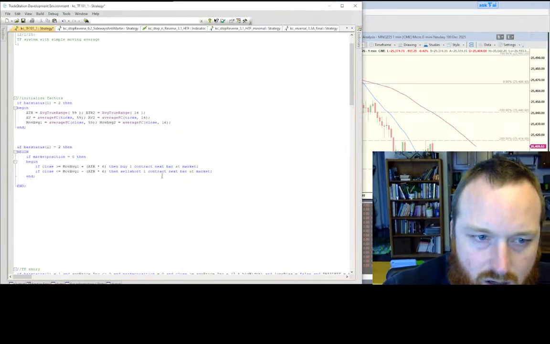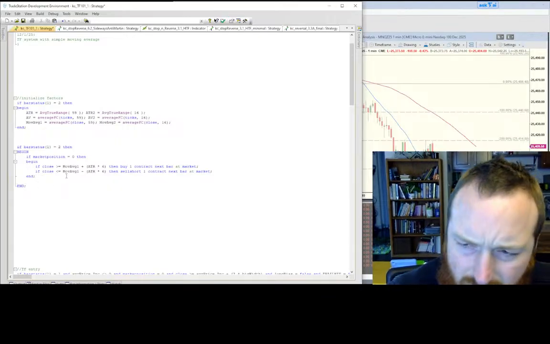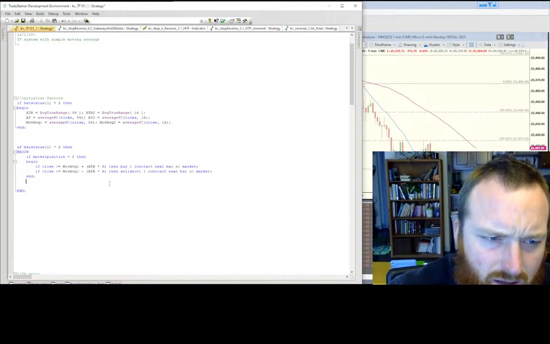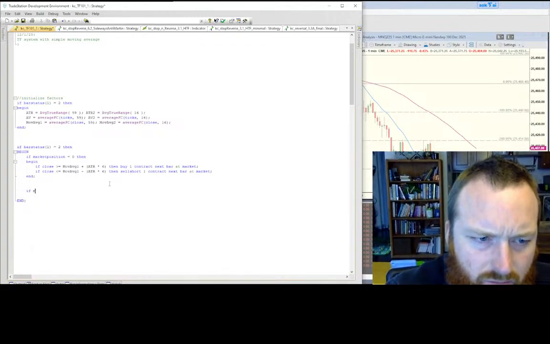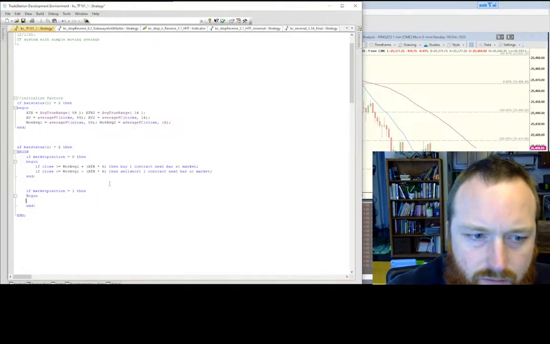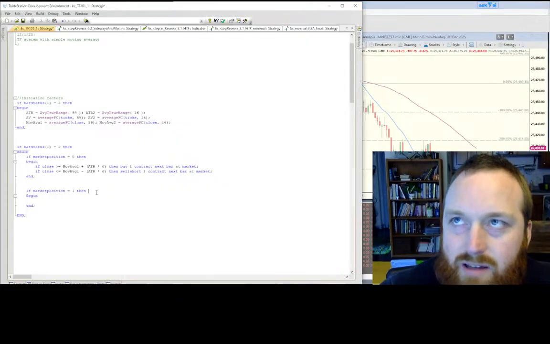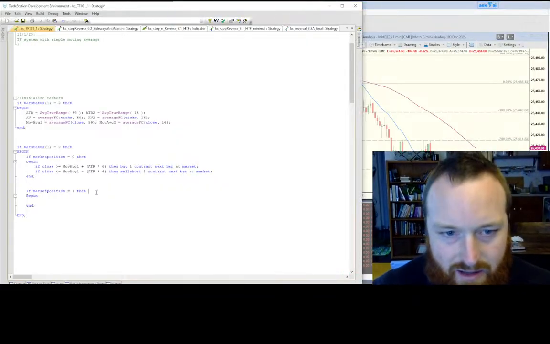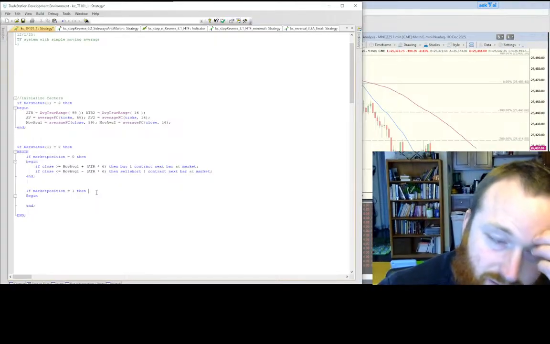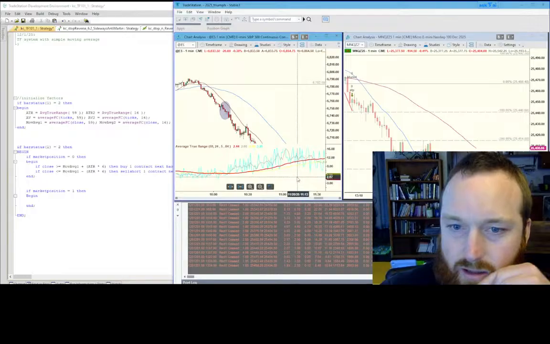So once we're long, I want to do exits. And for exits, I would just do if market position is equal to long, then begin. And then if you can see, EasyLanguage is all if statements. Everything's if statements in EasyLanguage. I mean, that's the move. It's all easy. It's EasyLanguage.